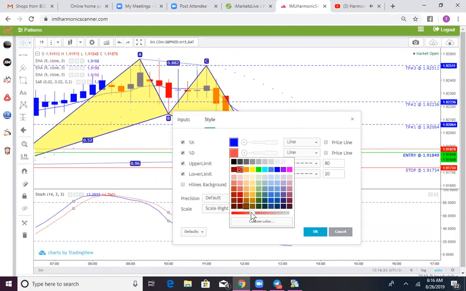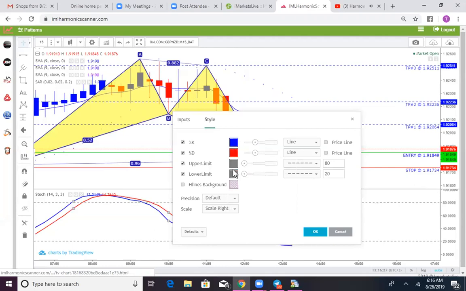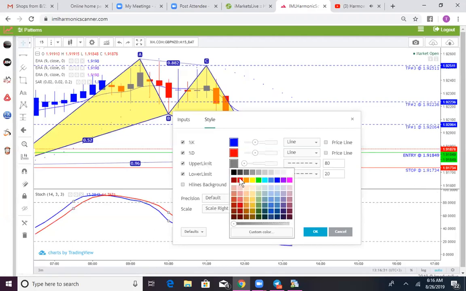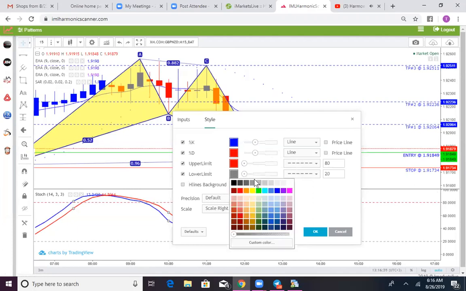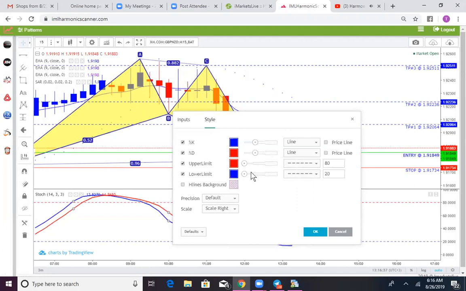My D, I want my color smooth. I also make my lines a little bit thicker. The upper limit, I make it red because I know I'm selling. And the lower limit, I make it blue or green because I know I'm going to be buying. I make my lines a little bit thicker just so I can see. It's already set as the default, but you can save as default and click OK.